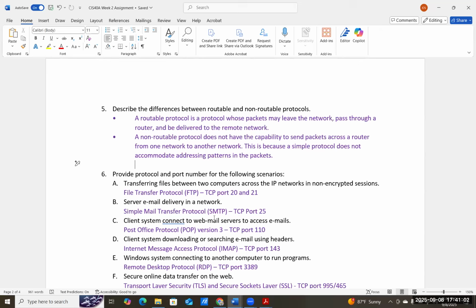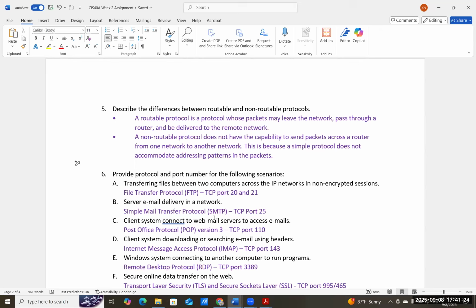FTP uses port 20 and 21. So whenever you scan, I do a lab in my ethical hacking class where they grab a banner from the server, and if it shows port 20 and 21, that's FTP, and you can do something with that from an attacker standpoint. So this is vulnerable.